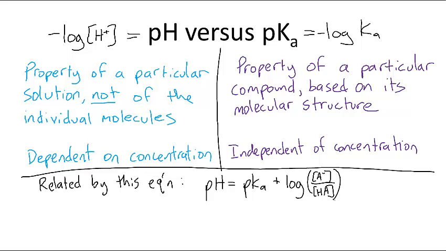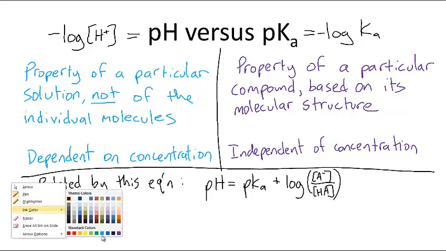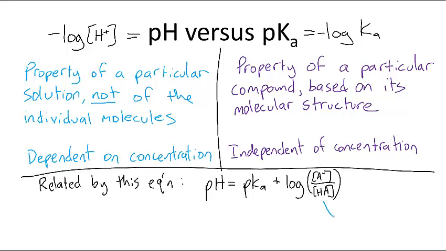So in a given solution, essentially the pH of the solution will be related to the pKa of a specific acid based on the ratio of acid form to conjugate base form. Remember, HA represents acid concentration, and then A minus here represents conjugate base concentration.